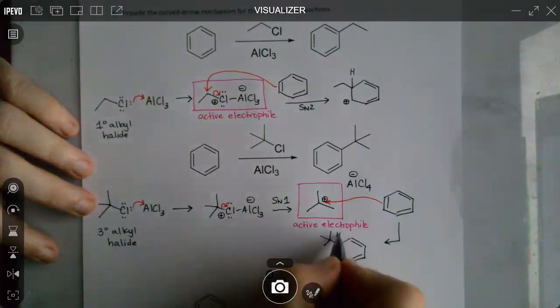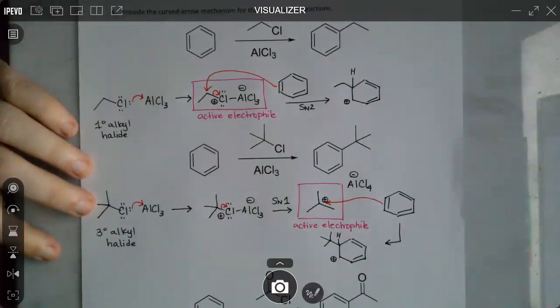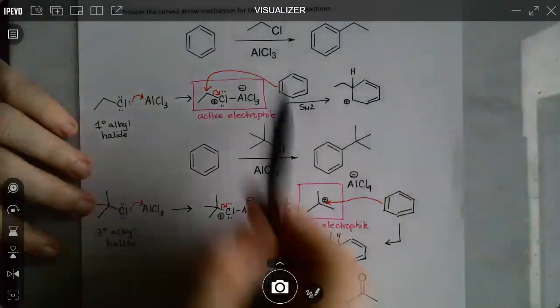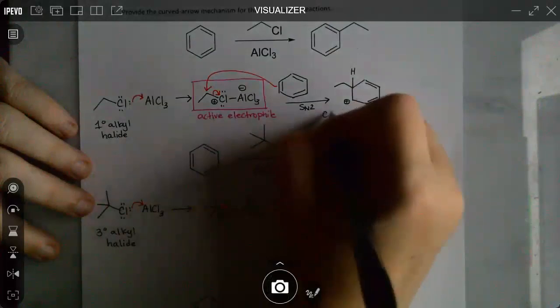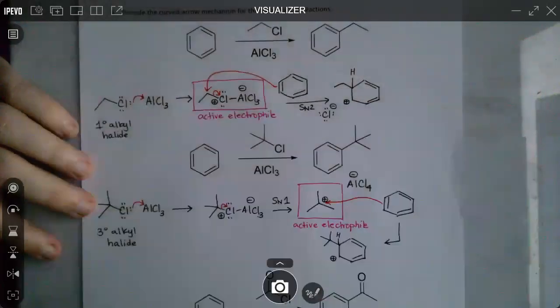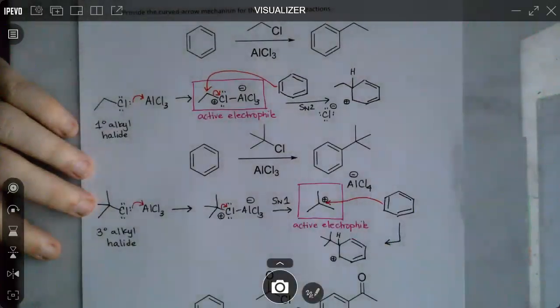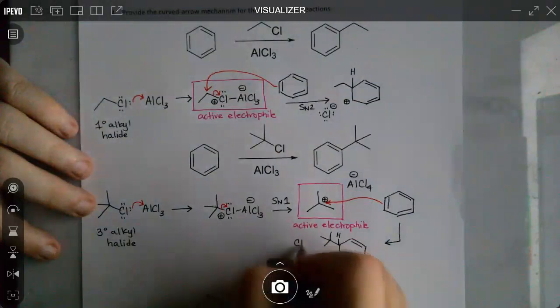And all we need to do now is regenerate the aromatic ring in both cases. To do that, we can just use some chloride since we'll have that around, or you can also take it from AlCl4.